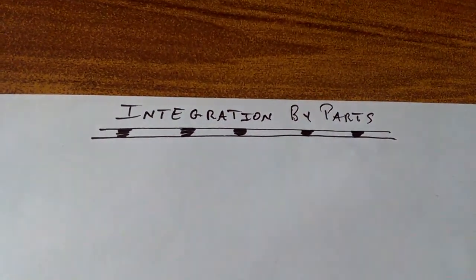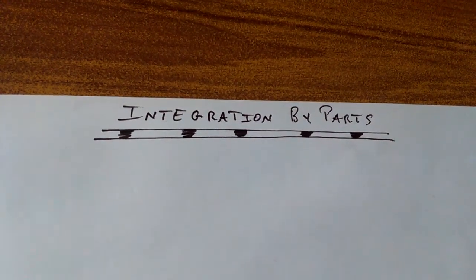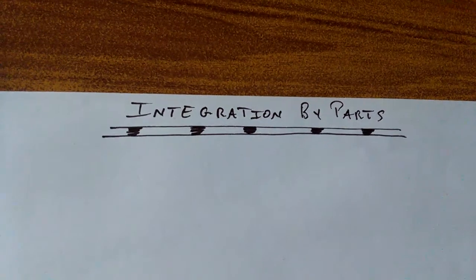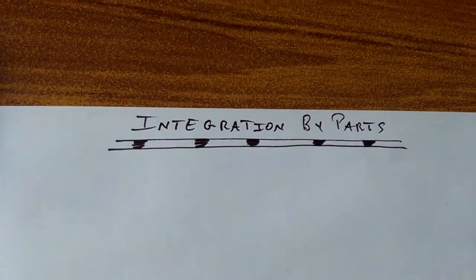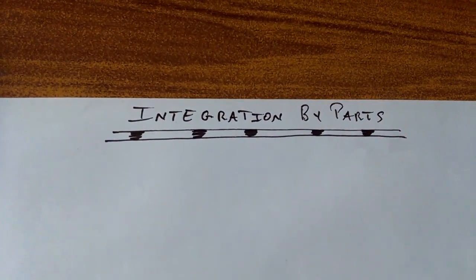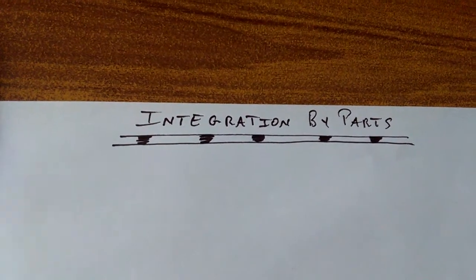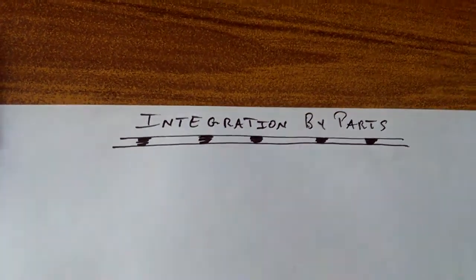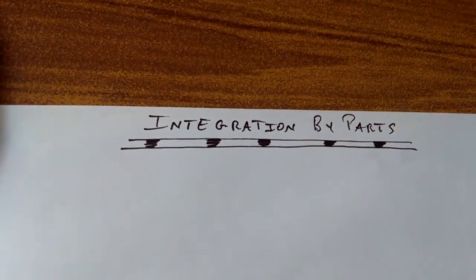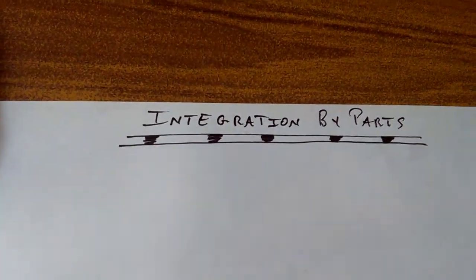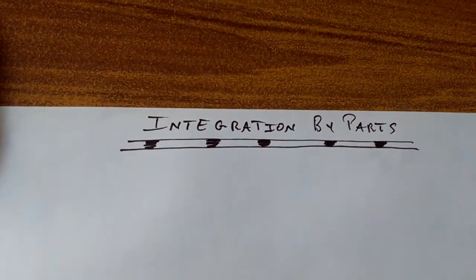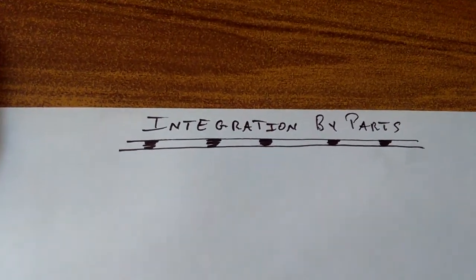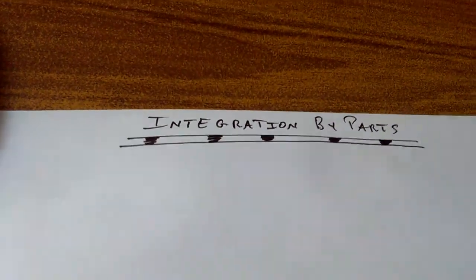Those integrands were expressed as the product of two different functions, where one function was the one whose only derivative exists and the integral was not possible. That is why you just took it as your f of x, and the other function was obviously taken as the g of x.